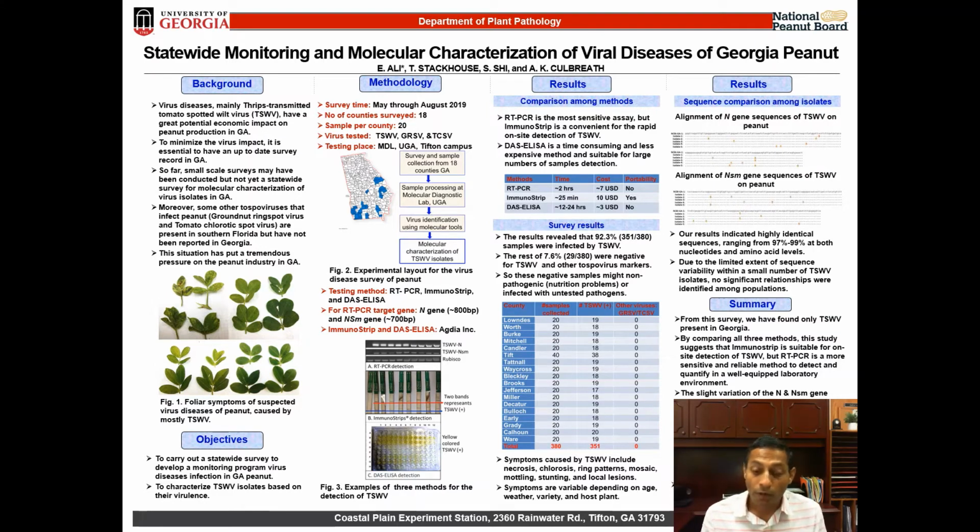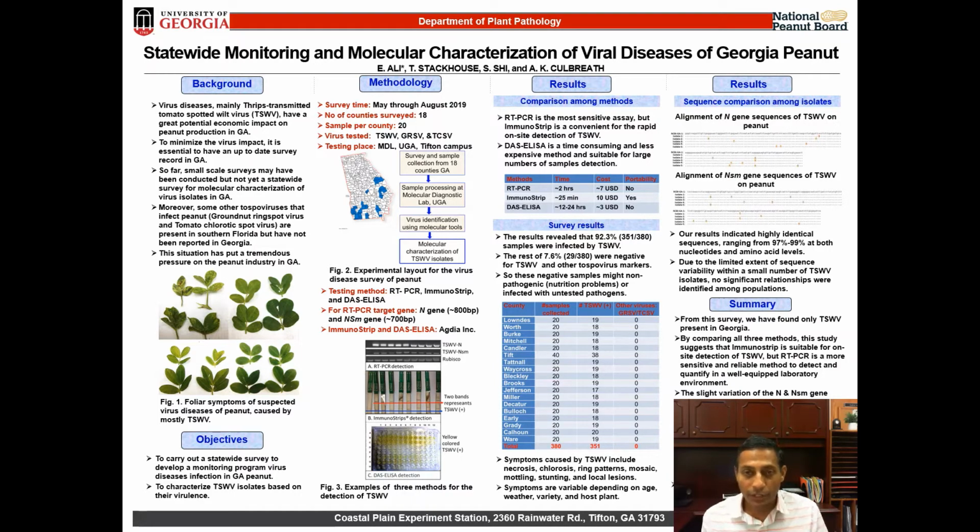Moreover, some other tospoviruses that can easily infect peanut, like groundnut ringspot virus, GRSV, and tomato chlorotic spot virus, TCSV, are already recorded in southern Florida, but not recorded here in Georgia. All this scenario has put a tremendous pressure on the peanut industry in Georgia.